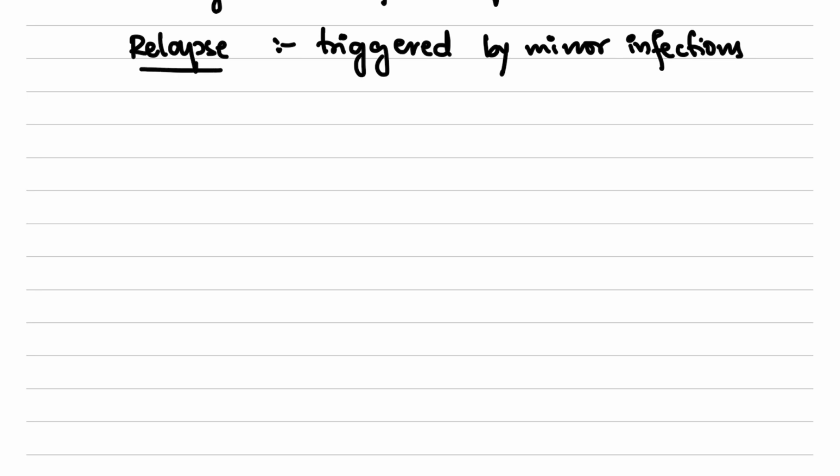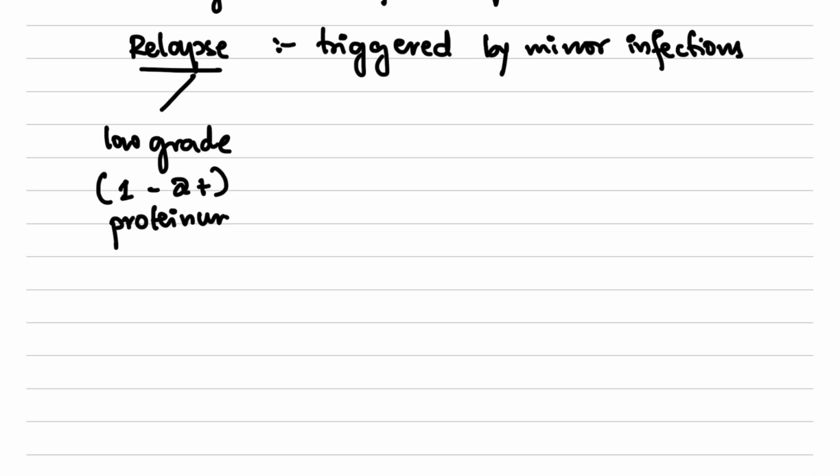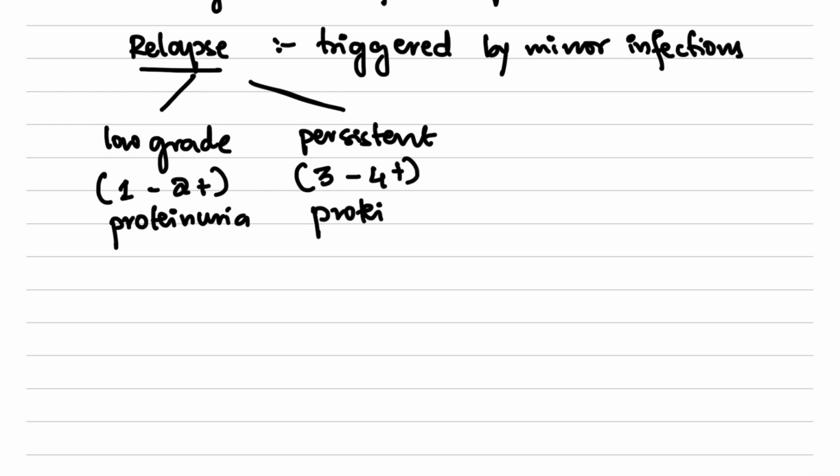We can grade this relapse as low grade if the child is having 1 to 2 plus proteinuria, or we can say that it is a persistent relapse when the child is having 3 to 4 plus proteinuria.